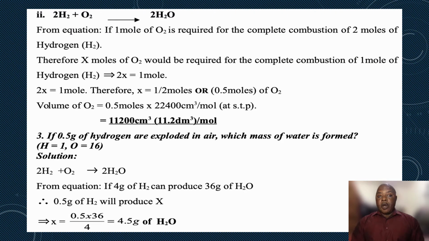The second part of the question is hydrogen. The same thing goes with hydrogen. From the equation, 1 mole of oxygen is required for the complete combustion of 2 moles of hydrogen. Therefore X moles of oxygen will be required for complete combustion of 1 mole of hydrogen, because we said for 1 mole.